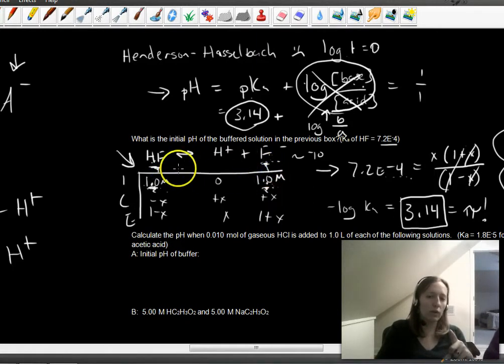If it were a situation of like 1 molar and 0.1 molar, it could withstand quite a lot of attack by base, but not nearly any attack by acid, because you would end up using up all of this and then bam, you're toasted. So it's a good idea to keep the ratio about 1 so that you can handle anything that's thrown at you, basically.